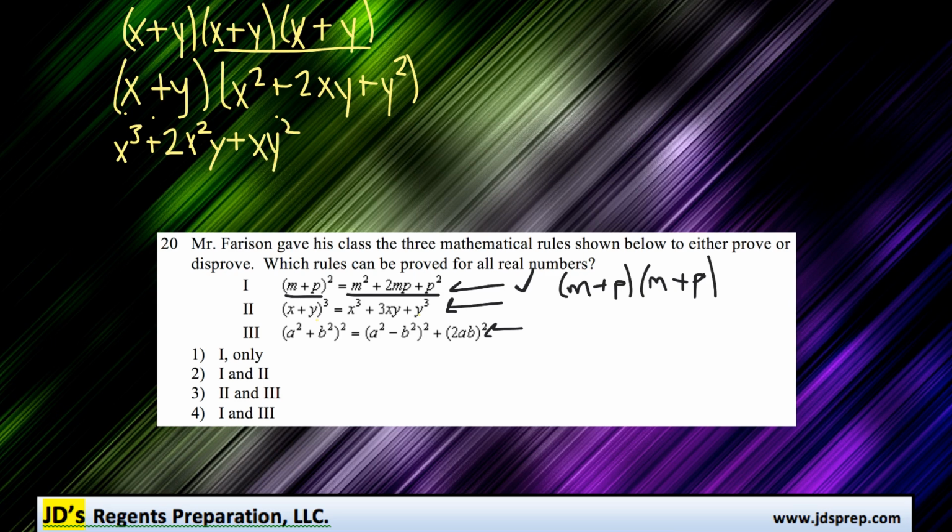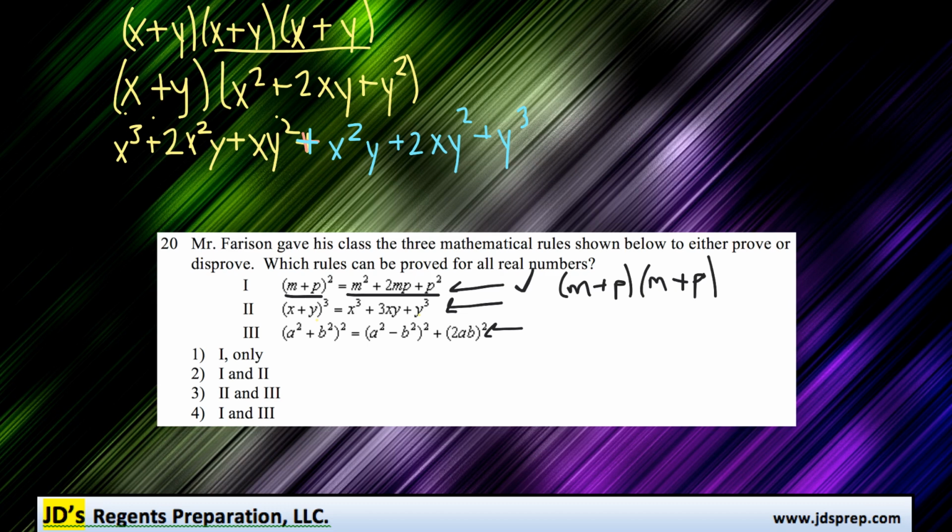And now we're going to multiply y with everything in the brackets there. I'm just going to change colors. We would get x squared y plus 2xy squared plus y cubed.